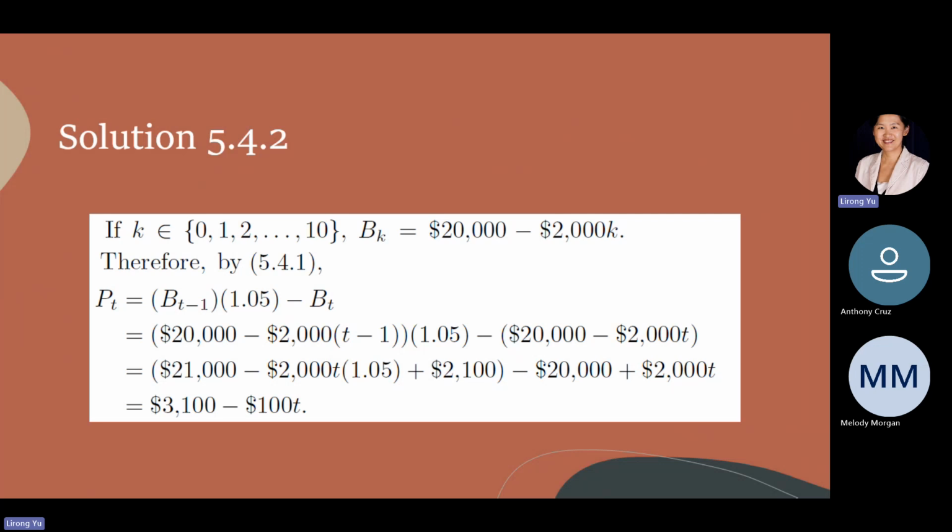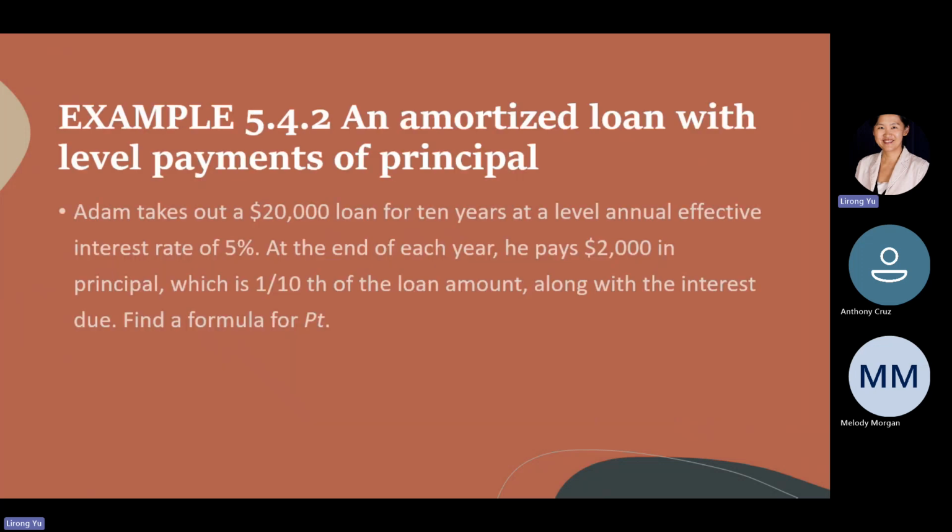The balance is going to be reduced. This is an amortized loan with level payment of principal. Okay, I see what's going on here. We're saying we are paying 2,000 in principal, not 2,000 total. We're trying to guarantee that every year the principal, or the outstanding balance, will be reduced by 2,000.